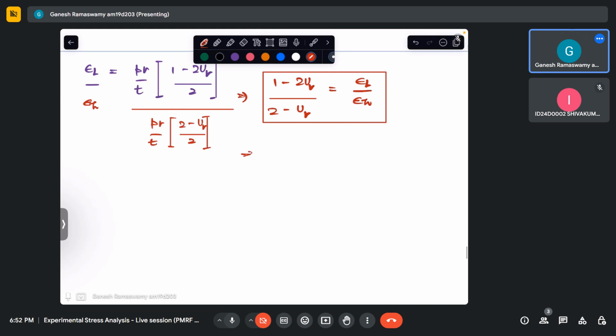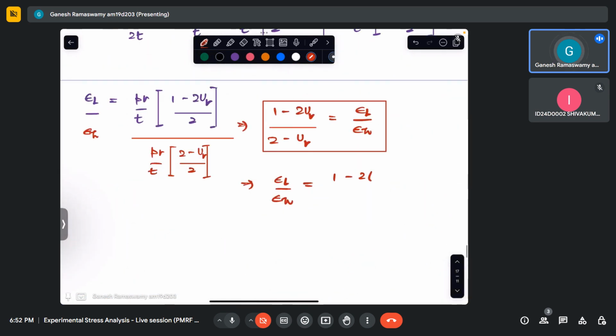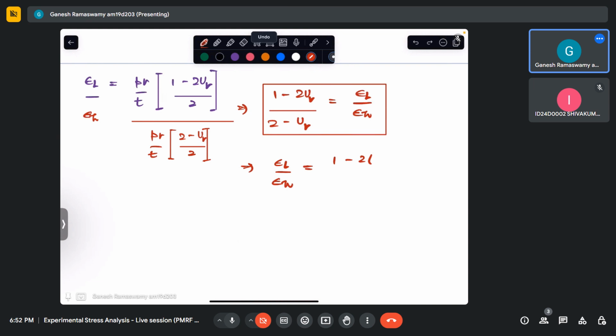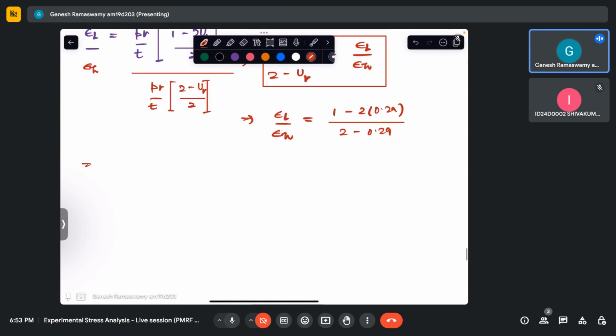So from here, it follows that epsilon L by epsilon H is given as 1 minus 2 into 0.29 divided by 2 minus 0.29, since mu V is 0.29.